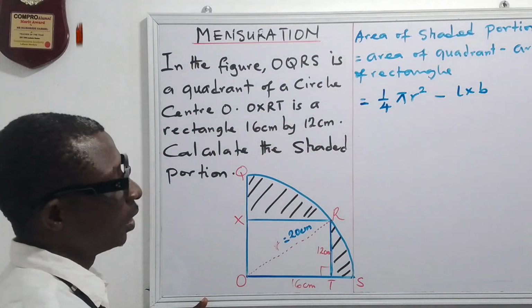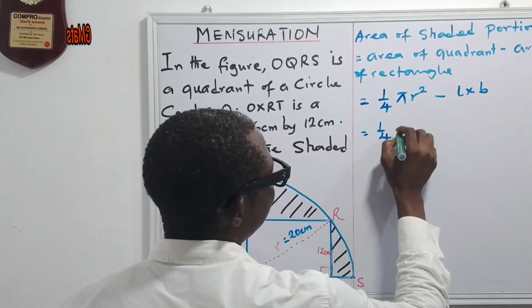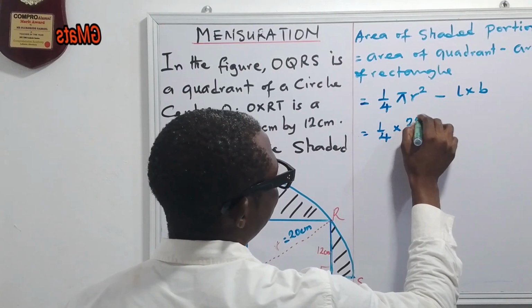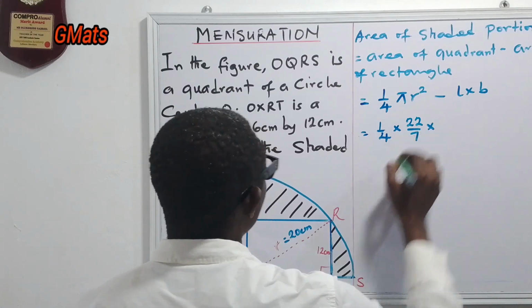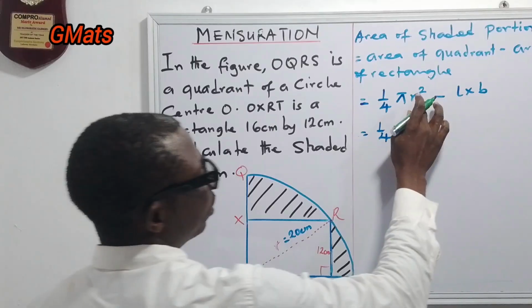So we have 1/4 times pi, that's 22/7, times your radius.